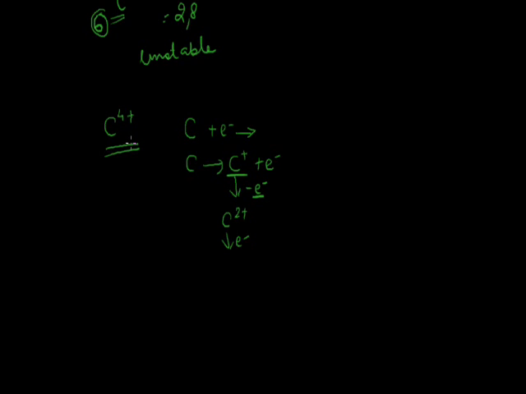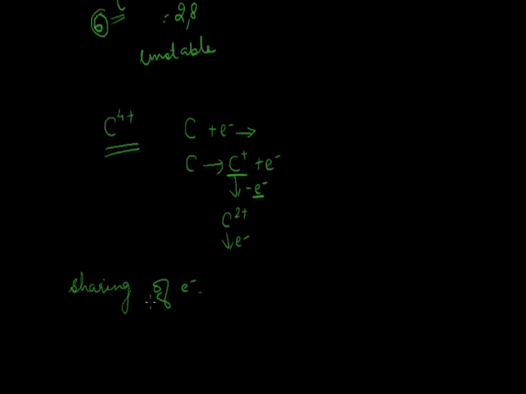So what type of bonding occurs in carbon compounds? Because it cannot gain 4 electrons and it cannot lose electrons, the only way out is to overcome this problem by sharing its valence electrons with other atoms of carbon or with atoms of other elements. So in carbon compounds, bonds are formed by sharing of electrons.